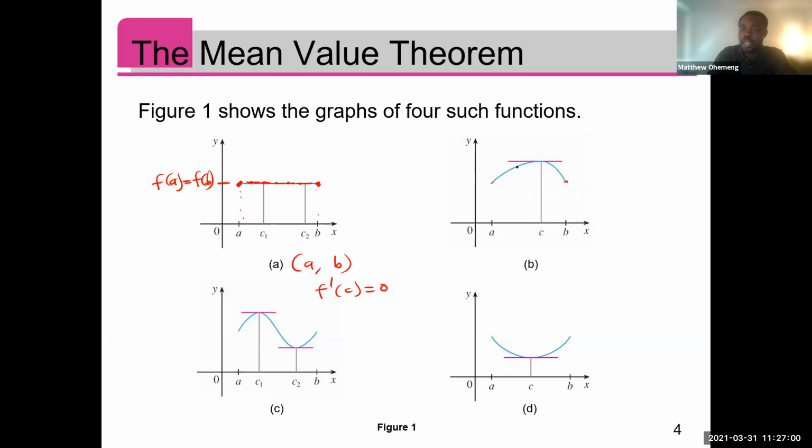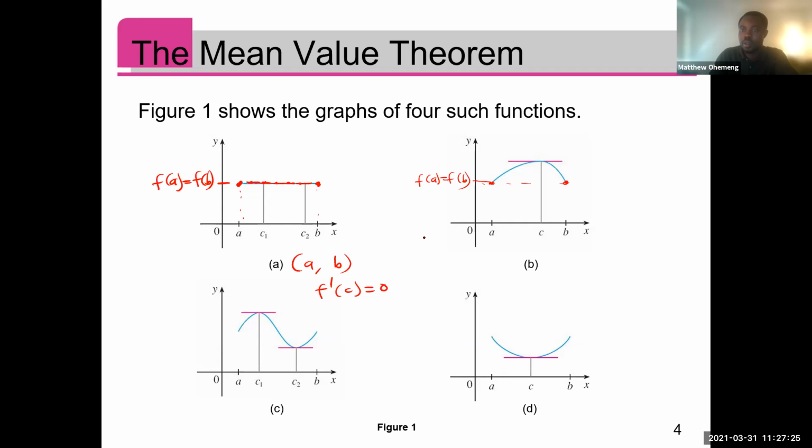I don't see any sharp corners, any discontinuity, or any vertical tangents on the graph, so the function is differentiable on that interval. Now the final thing: does f of a equal f of b? When you read the values, you can clearly see that f of a is equal to f of b. So the third condition is also satisfied.